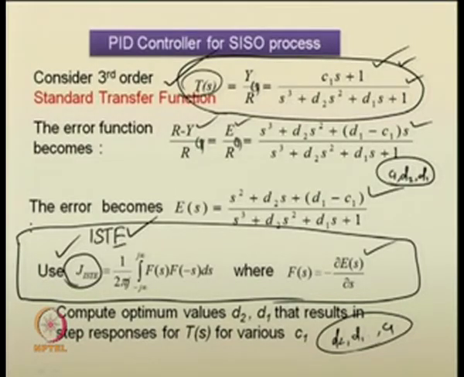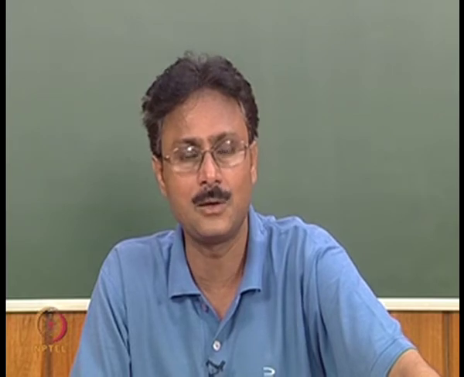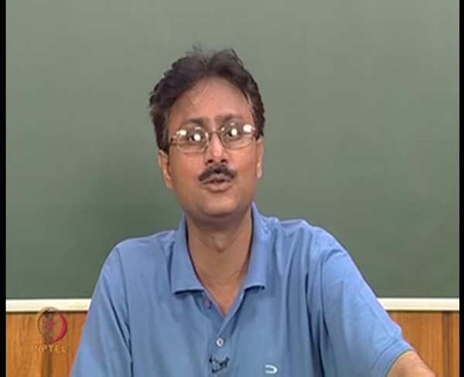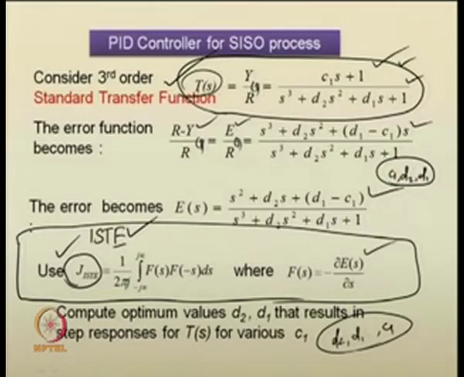One can use the ISE criterion also, but often it is found that minimization of the ISTE criterion leads to very satisfactory closed loop performances of a closed loop system. How such values are obtained, we can see.